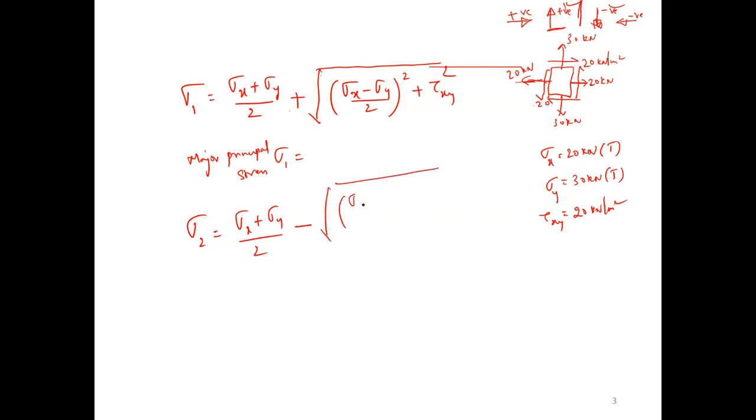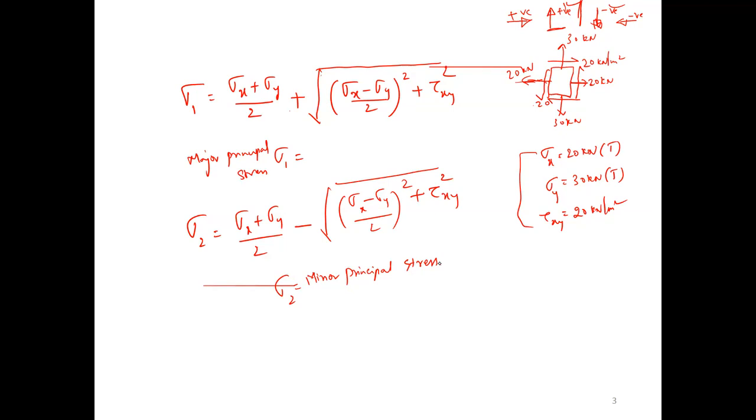The remaining terms are the same: sigma x minus sigma y by 2 whole square plus tau xy square. If you substitute all these values, you get sigma 2, the minor principal stress. One is major principal stress and another is minor principal stress.